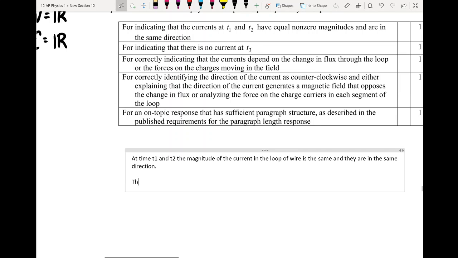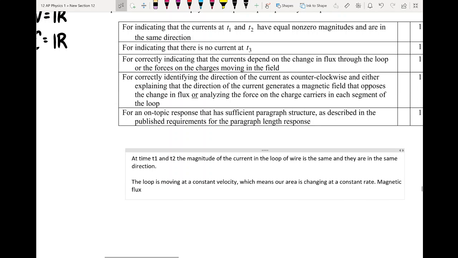So we can say something about, for the magnitude, the loop is moving at a constant velocity, which means our area is changing at a constant rate. So that's kind of our relevant observation. We notice that the loop is moving at a constant velocity, which then tells us that our area is changing at a constant rate. Magnetic flux, not magnetic flu, that would be bad.